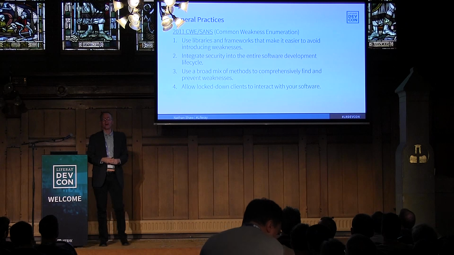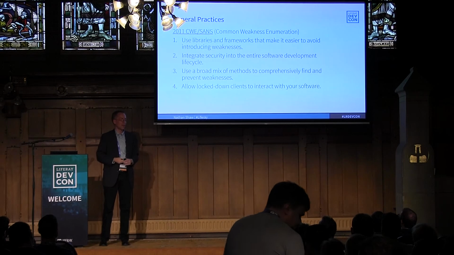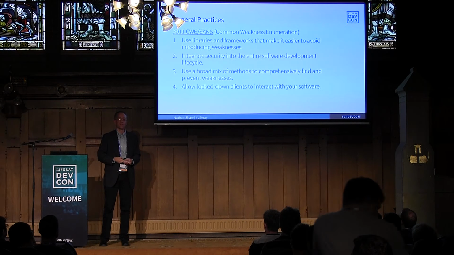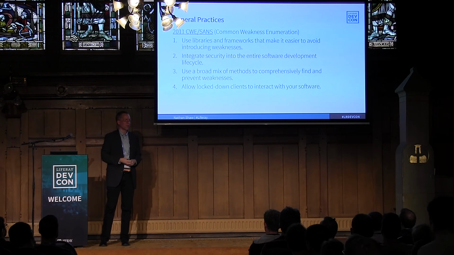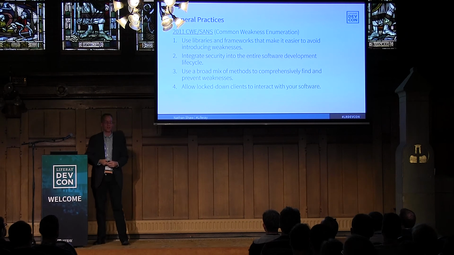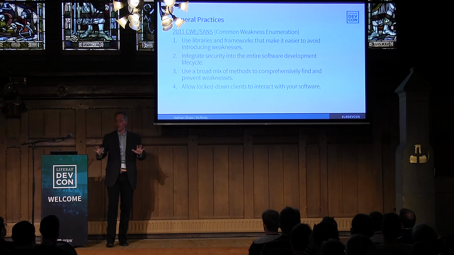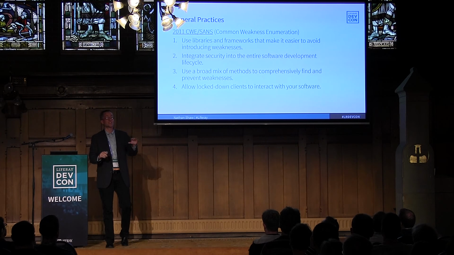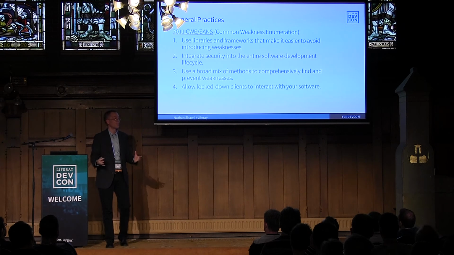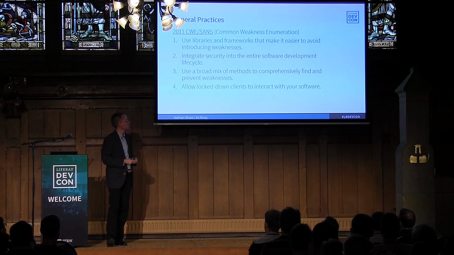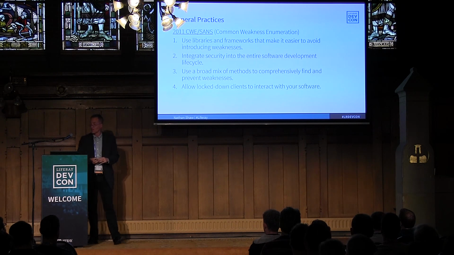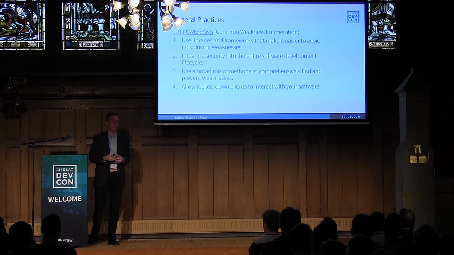Don't code your own encoding solution or encryption algorithm. The odds are you're not going to, no offense, I'm sure you're all very, very smart. But the odds are you're not going to do as well as a full team that's dedicated to it and really understands the space. The second one is integrating into the entire software development lifecycle.